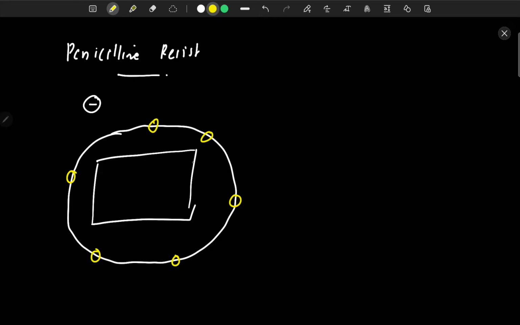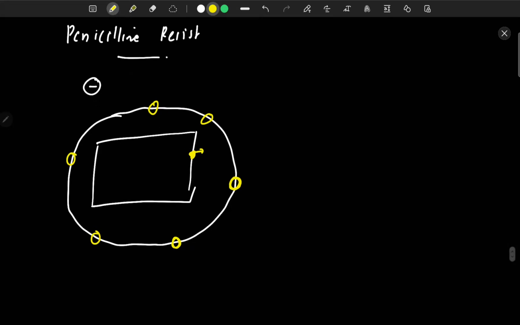Actually this is a cell. This is the peptidoglycan layer, and outside the peptidoglycan layer there is an outer membrane where the porins are present. The penicillin has to enter through the porin to execute its action.